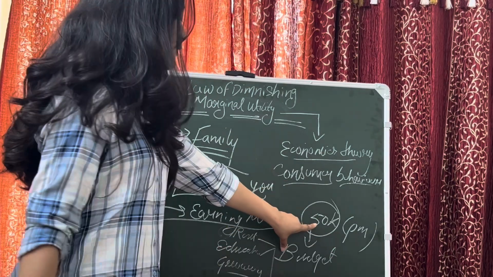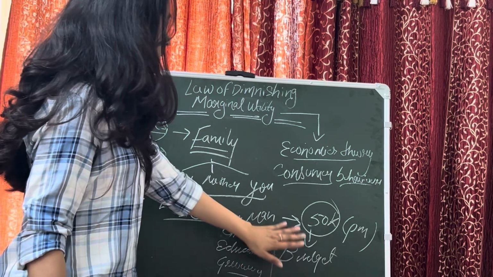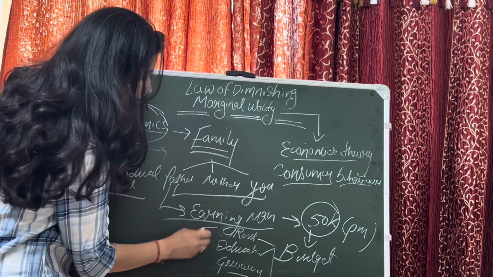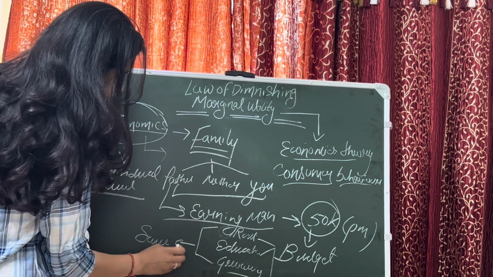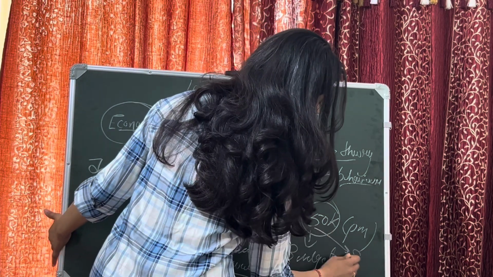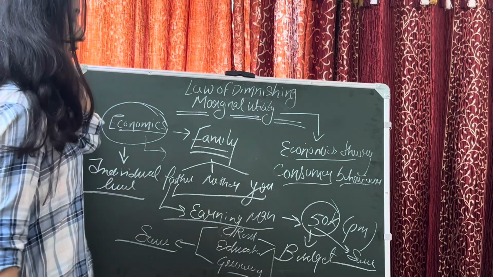He has only 50,000 in his hand, and out of 50,000 he has to manage all the expenses, and a part of the income he will also save. I hope this picture is clear to you.